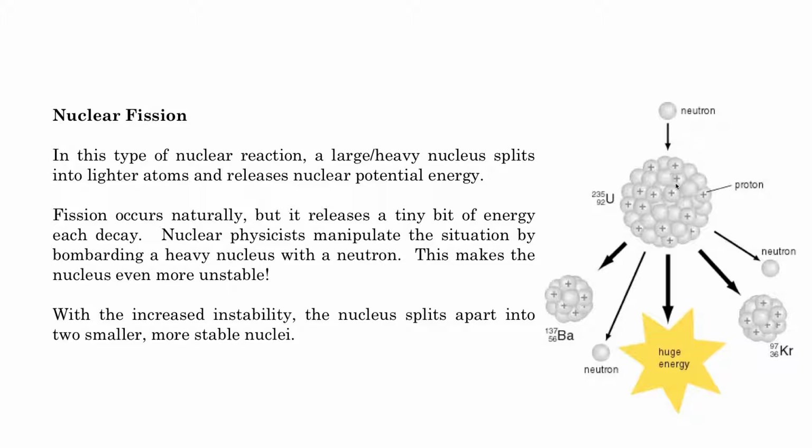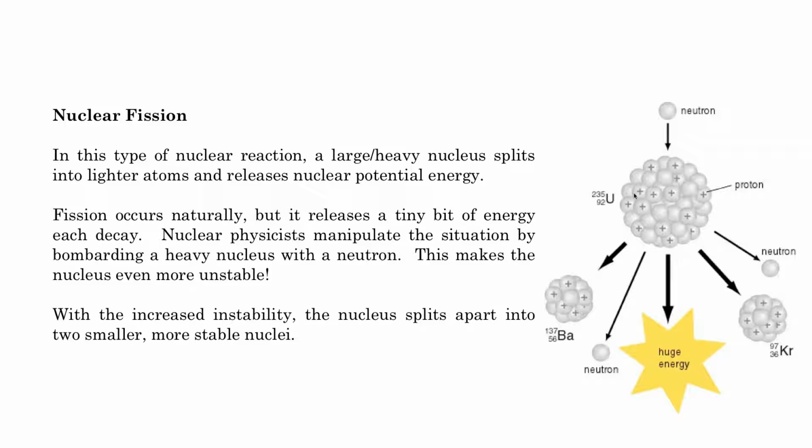Eventually this thing gets so energetically unable to stay together that it spontaneously splits into a couple of different particles, barium and krypton. We get these two daughter nuclei, and we get a couple extra neutrons. So we put one neutron in, we get two neutrons out, and then we get this massive amount of energy.